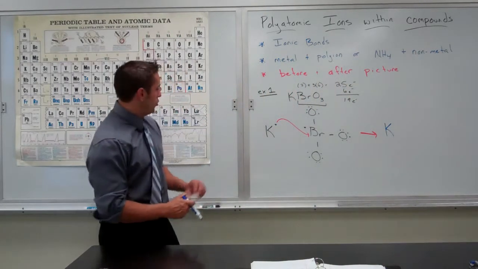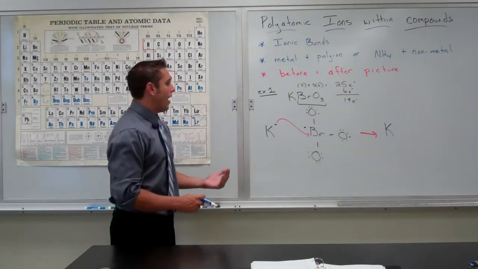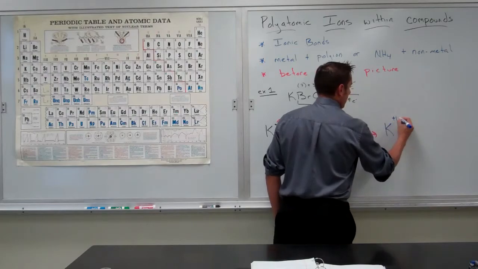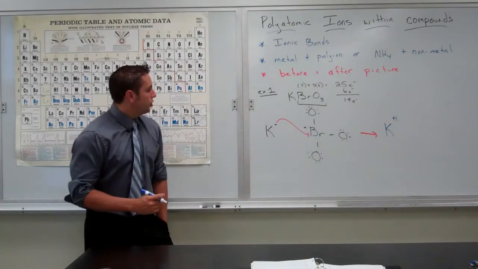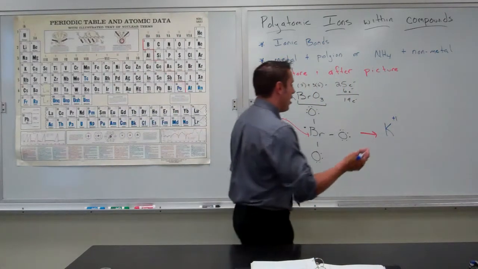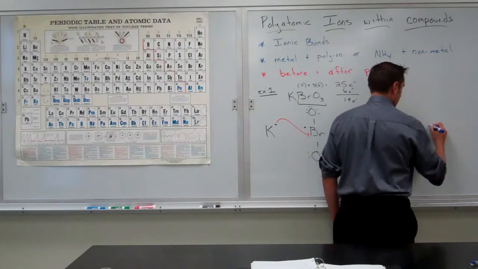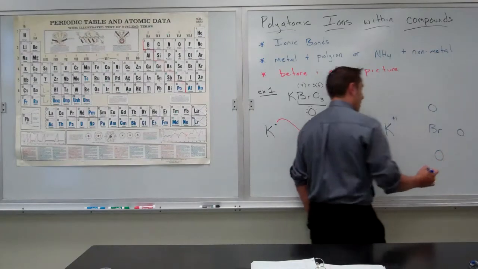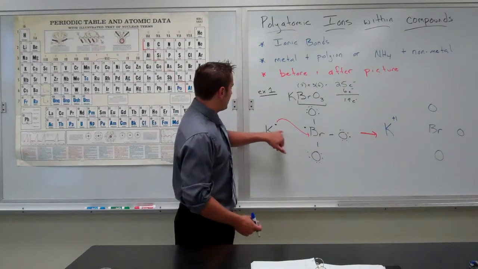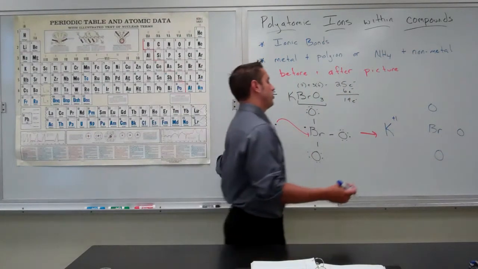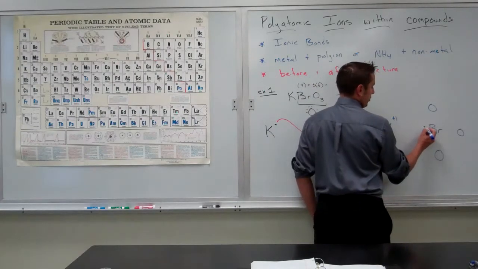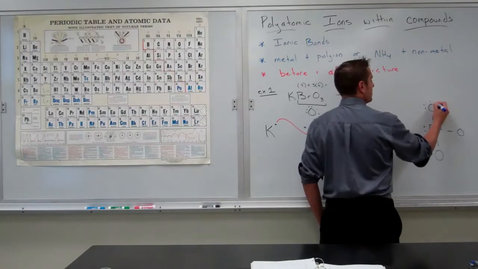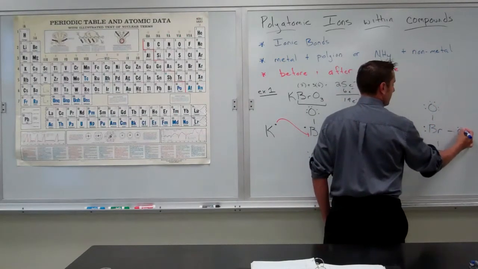It has no dots left because it gave the electron away. And because it gave 1 electron away, it's a +1 charge. And now I have my polyion that will look identical to this, except it will have 1 extra electron. So we'll have the 2 dots here, single bonds, and then our 6 dots on all of these.